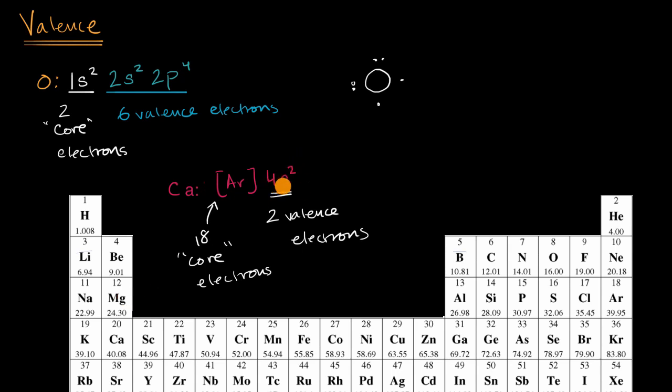And so you could say, what's the easiest way for calcium to get to a full outer shell? Well, instead of trying to gain 6 electrons, it might be a lot easier to just lose these 2 electrons. And it is actually the case that many times calcium will lose electrons and become ionized, will get a positive charge.